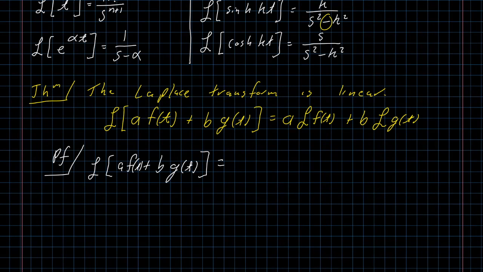But making sure that you can differentiate between the functions and the constants is going to get a little bit messy. All right, so that's the integral from 0 to infinity of e to the minus st times our function, a times f of t plus b times g of t, dt.